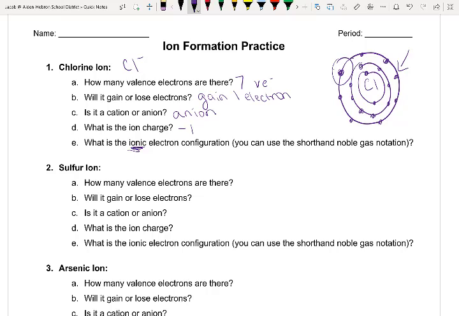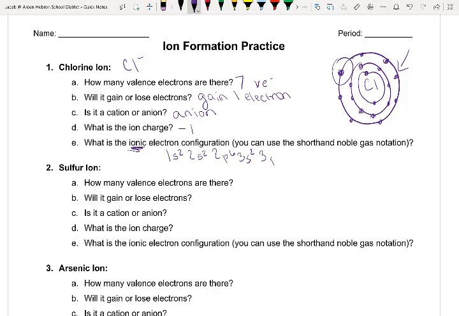If you have your periodic table with you, it would be 1s2, that's going to take care of hydrogen and helium. 2s2, that's going to take care of lithium and beryllium. 2p6, which will take care of boron through neon. 3s2, which takes care of sodium and magnesium.